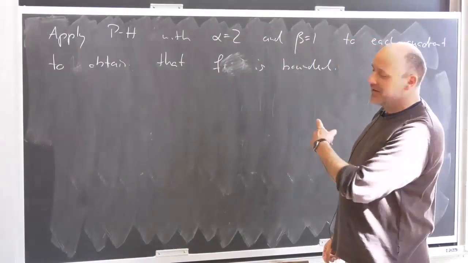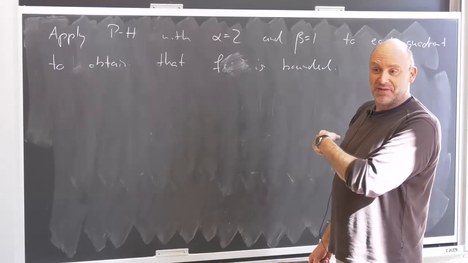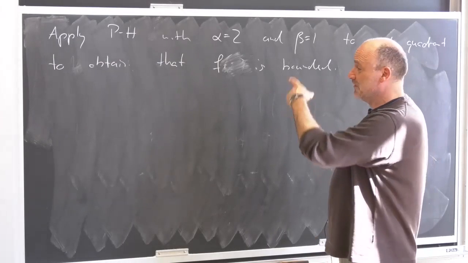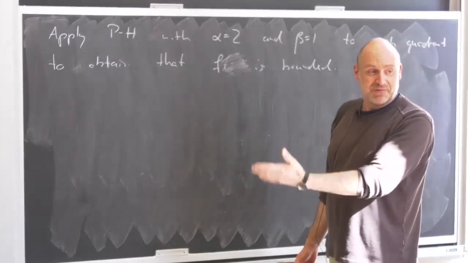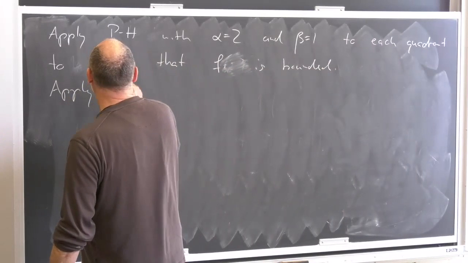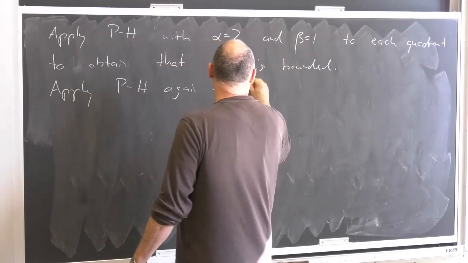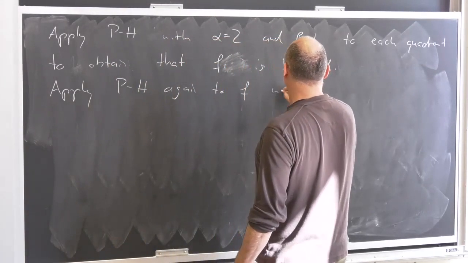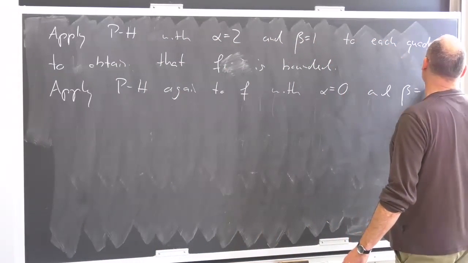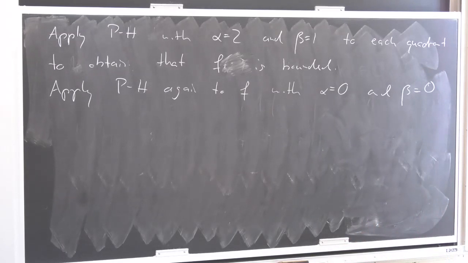But now, being bounded is much stronger than being of exponential growth of order 1. So now I can apply Phragmén-Lindelöf again to this f on the whole half plane with alpha equal to 1 and beta equal to 0. Being bounded means we take beta equal to 0.